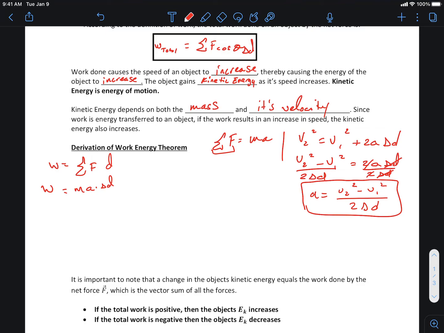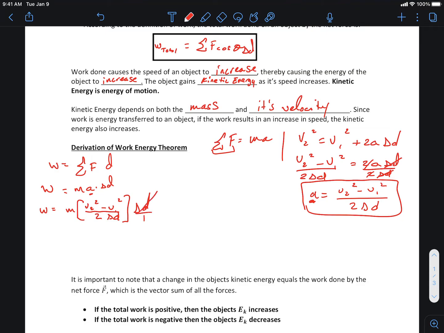Okay. So now that I've isolated for what a is, why can't I replace it over here? Well, let's do that. Work is going to be equal to the mass times a. Well, a we're going to say is V2 squared minus V1 squared over 2 delta D, times delta D. When you're multiplying fractions, this is like over 1.